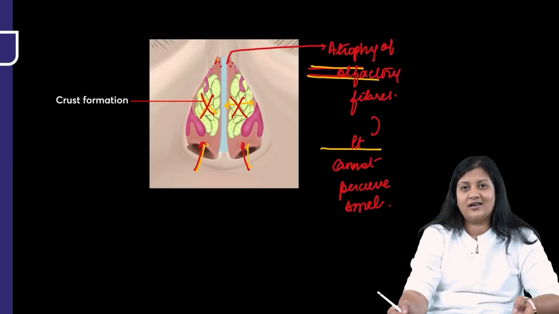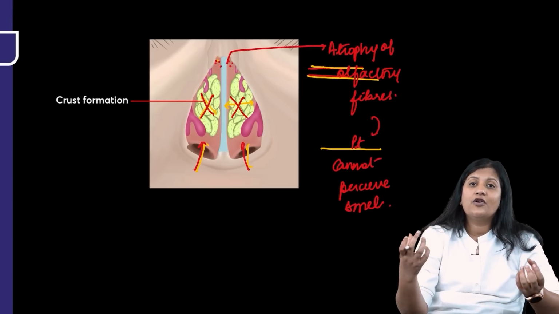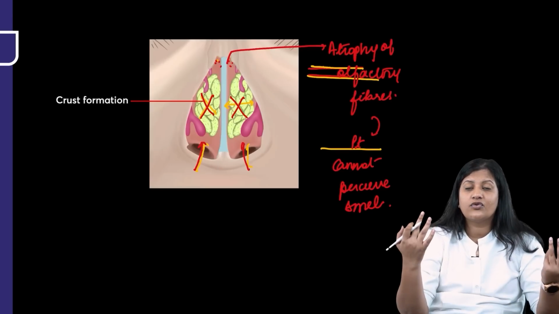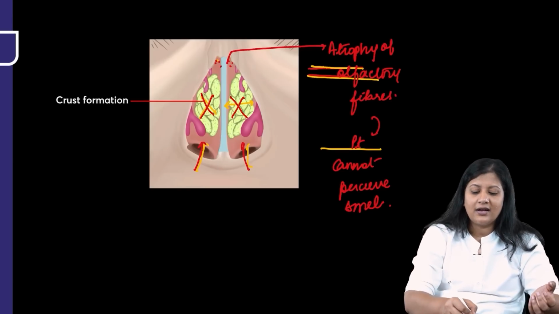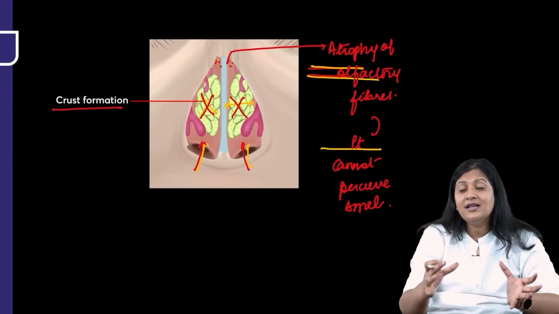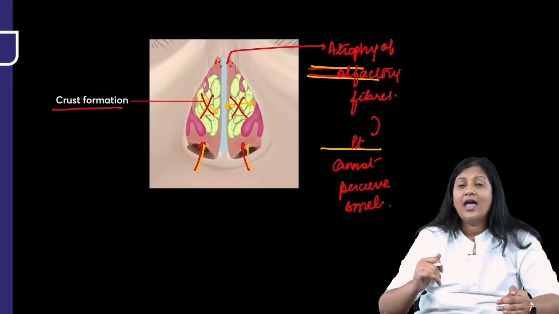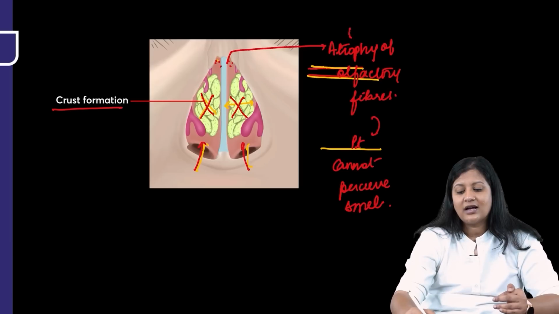So this is what happens in atrophic rhinitis: atrophy of the turbinates, atrophy of the septum, atrophy of the mucin producing cells. When the air goes through the wide nasal chamber with no mucus, there will be crusting inside the nose. This crust will prevent airflow to the olfactory cleft, and even if some air still reaches the olfactory cleft, there is atrophy of the olfactory epithelium.